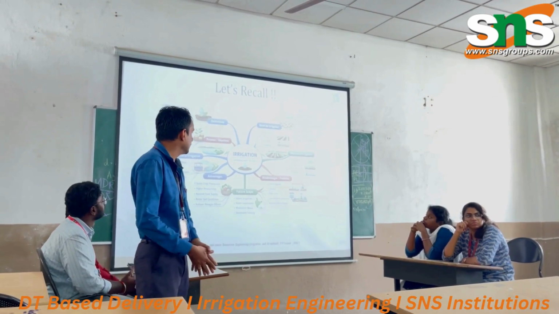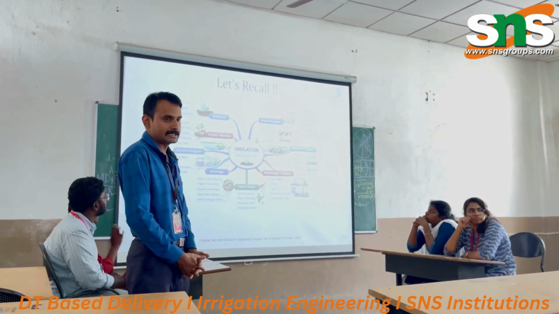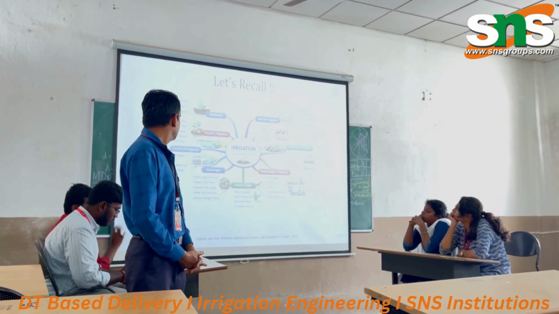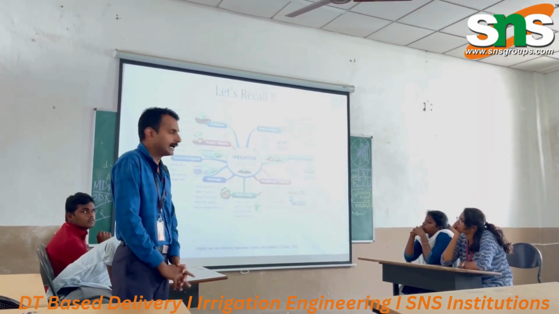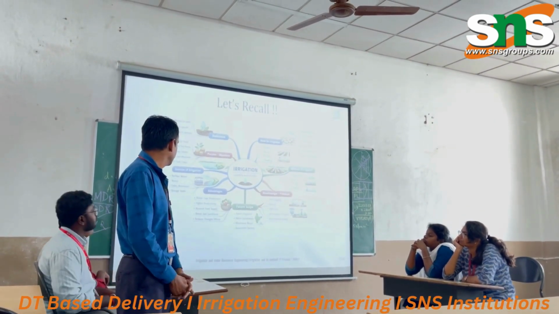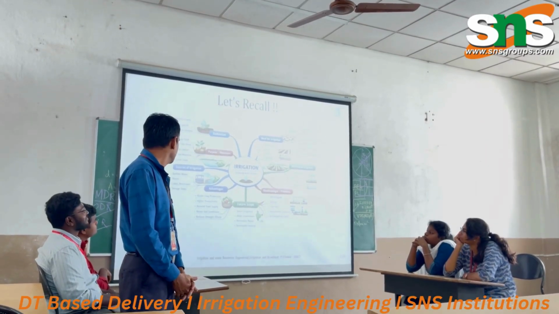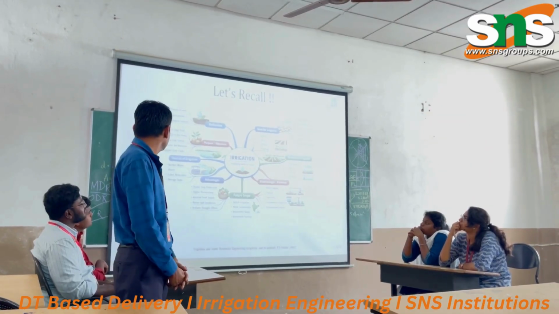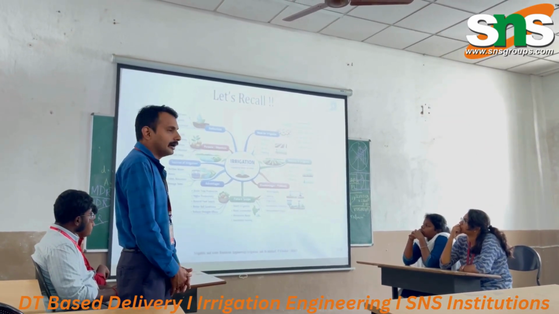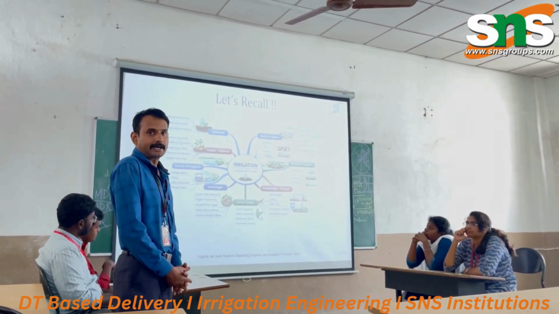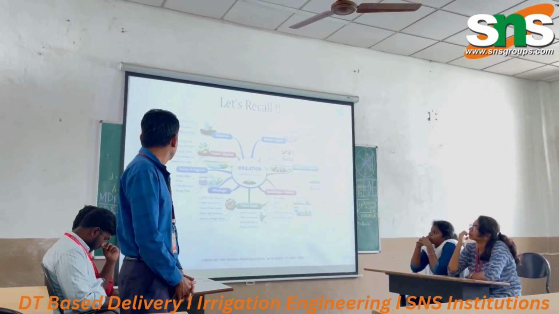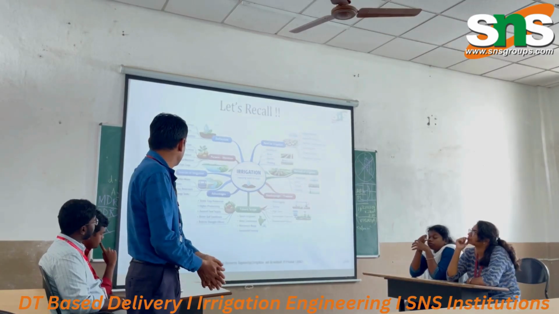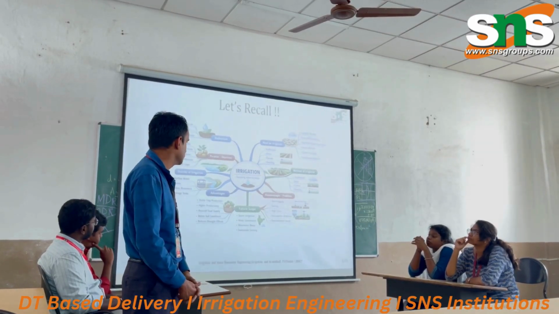Methods of irrigation are basin irrigation, furrow irrigation and flooding irrigation. Various sources of irrigation are surface water, rivers, lakes, reservoirs, storage tanks, etc. The main objective of irrigation is to increase the crop yield, to promote agriculture in dry areas, prevent crop failure, maintain soil moisture and support cash crops.